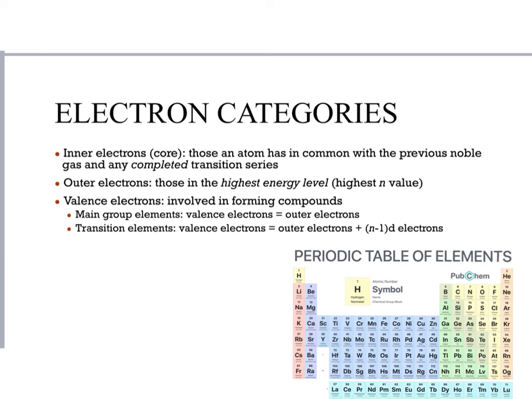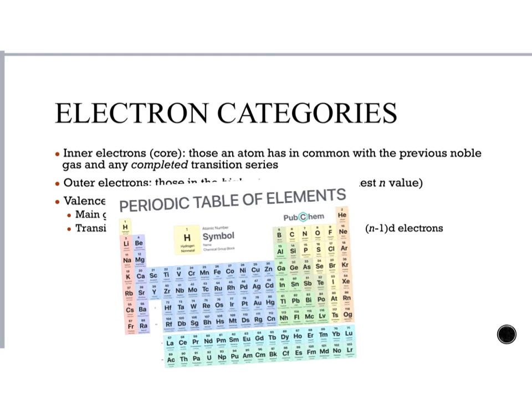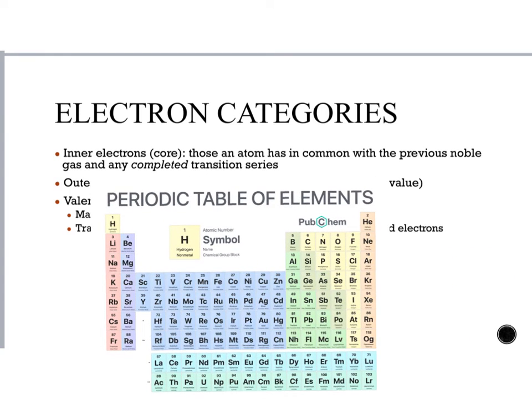All right, so there are 3 electron categories that you need to be familiar with. The first is inner or core electrons. I'll give you an example of each of these. Inner or core electrons are those an atom has in common with the previous noble gas plus any completed transition series. So let's do an example. If I'm looking at chlorine and I want to know the number of inner electrons, I look to its most recent noble gas. That's neon. Neon has 10.